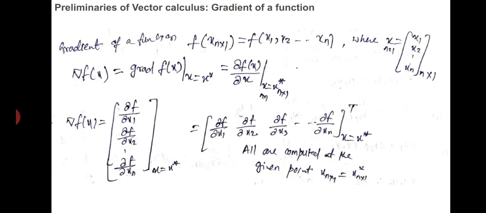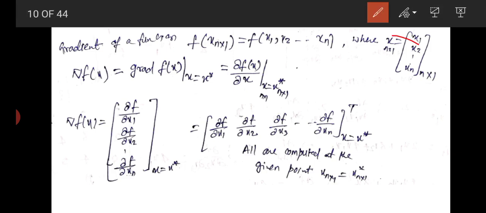Okay, so let's focus on this slide. The gradient of any function f(x), where x is a vector, consists of n values, x1, x2 up to xn, as already defined.